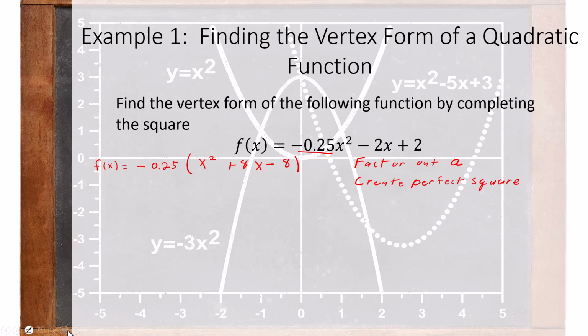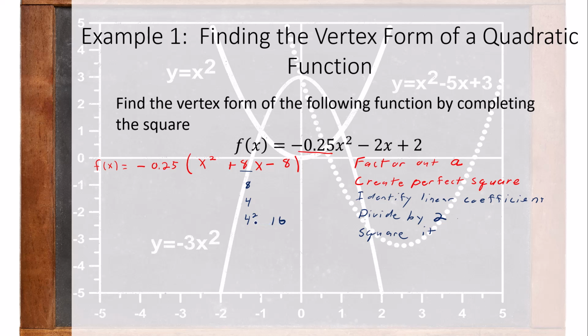Now to do that, what we want to do is identify the linear coefficient, which in this case is 8. We want to divide it by 2, which will give us 4. And then we want to square it, which will give us either 4 squared or 16.